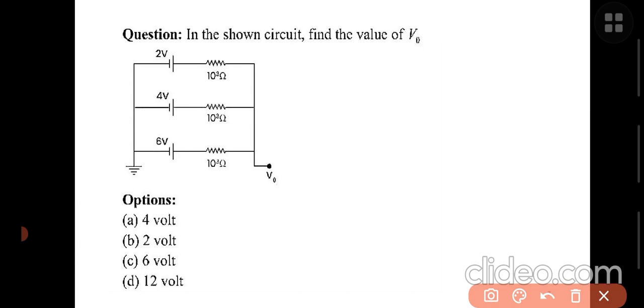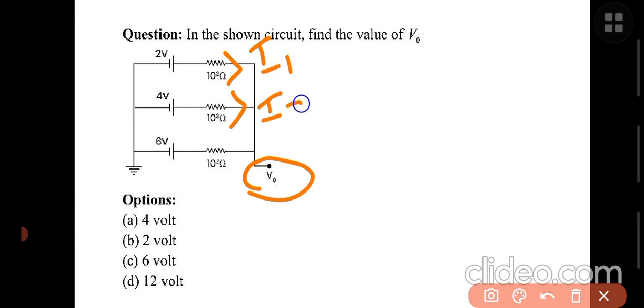To find the output V naught, we need to find the currents I1, I2 and I3. How to find out I1?